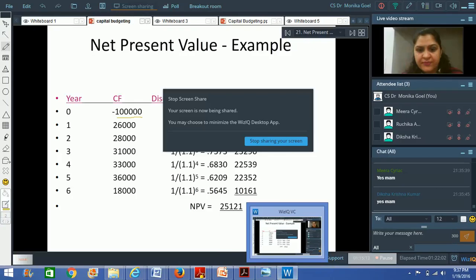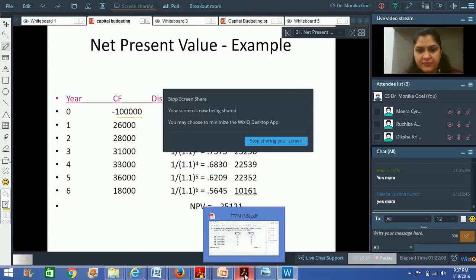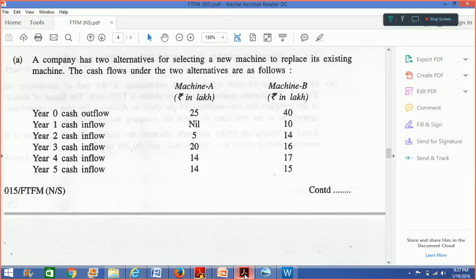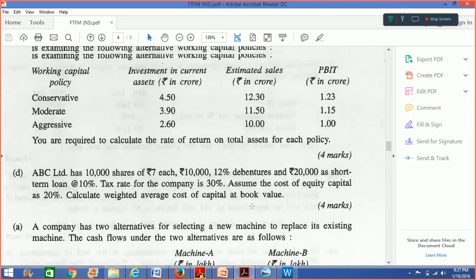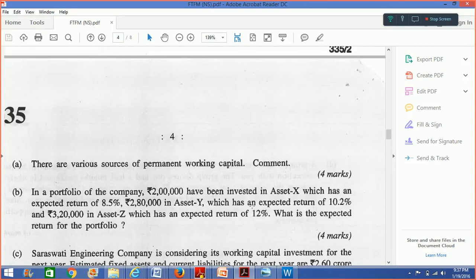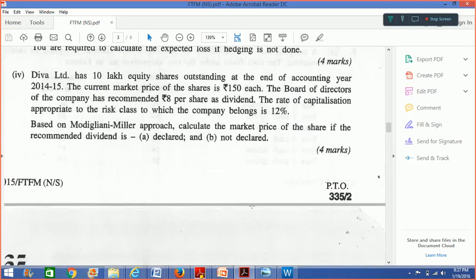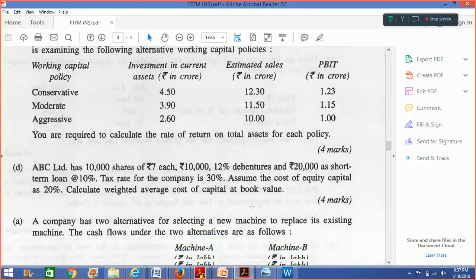It was a new syllabus question paper. A company, this is question number, I don't know. The question number is not very clearly visible.